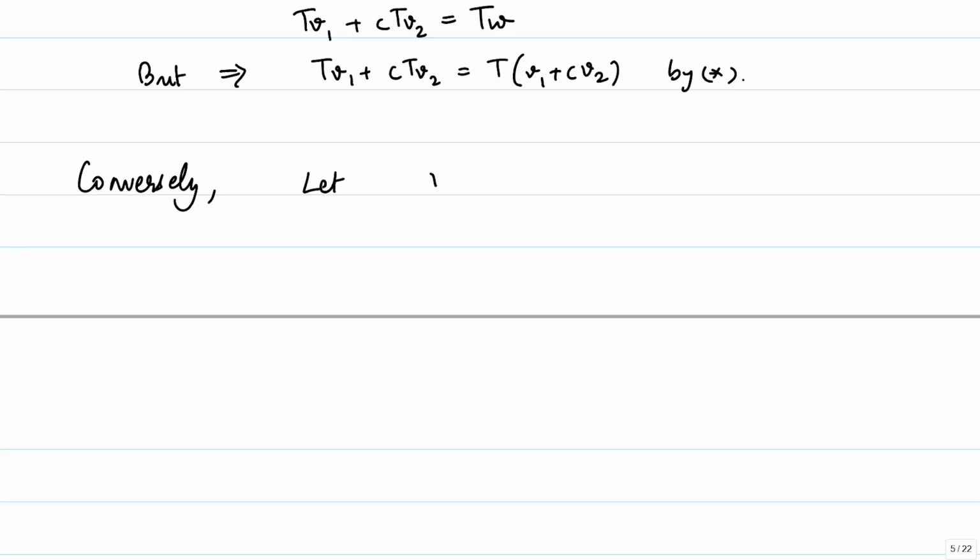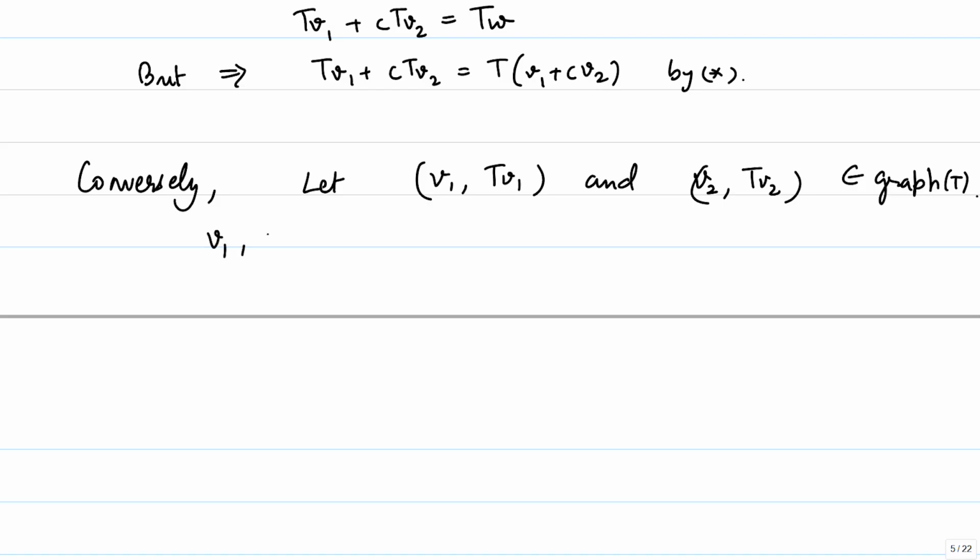So let (V1, TV1) and (V2, TV2) be in graph of T. We will show that the vector addition of these is also an element in graph of T. Scalar multiplication, I leave it to you as an exercise. It's very similar to how we proved this.